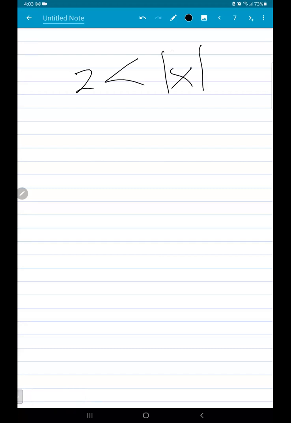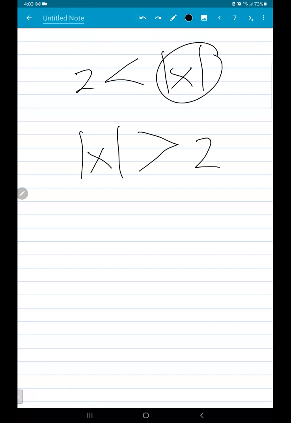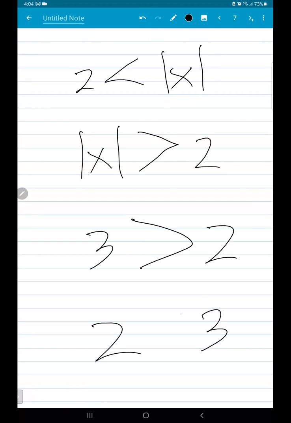Pagpalitin ko tong dalawa, diba? Pag nag-switch sides ako, siyempre, kailangan kong i-reverse yung inequality. Kasi mas malaki yung x, di ba? Parang ganito. 3 is greater than 2. So if I switch the sides, I also have to reverse the inequality for it to still be correct.